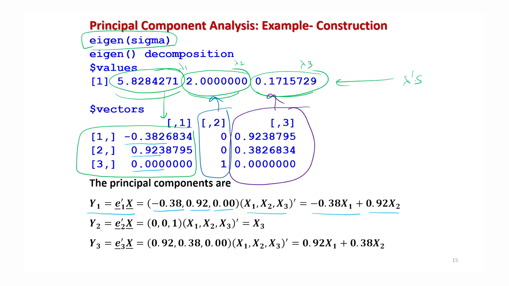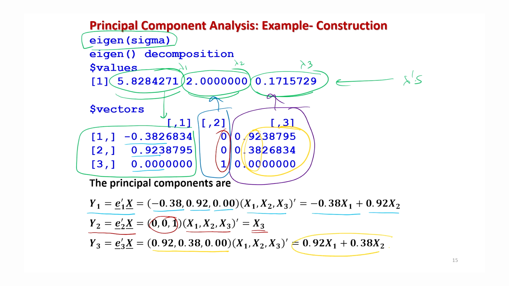Similarly, the second principal component is y2 equal to E2 transpose x. I use the vector 0, 0, 1 times x1, x2, x3, which gives only x3. And for the third principal component, the three values are 0.92, 0.38 and 0.00, taking only two digits after the decimal point, times x1, x2, x3.